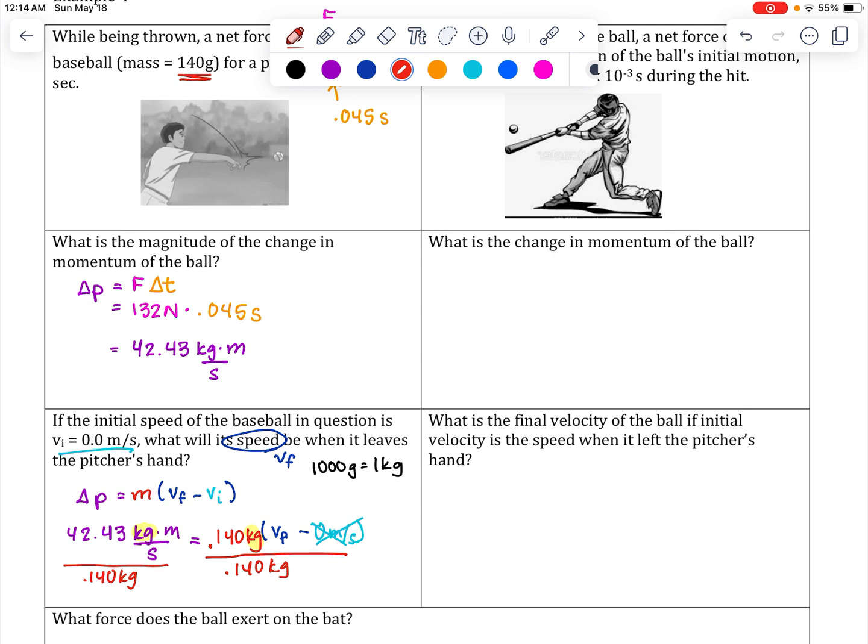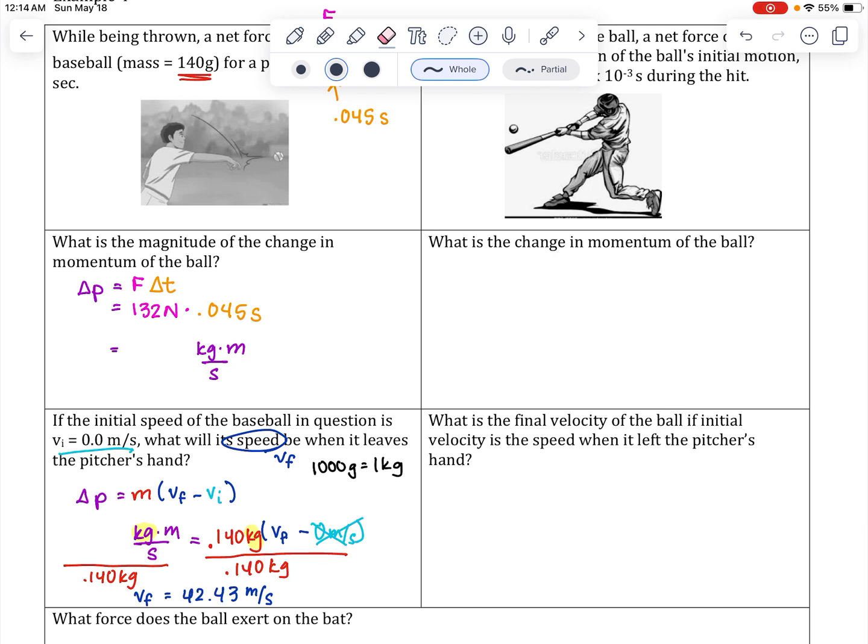You guys, I think I might have just done this wrong. Hold on, let me check my paperwork here. Oh, I sure did. Never trust me. My VF is equal to 42.43 meters per second. Boy, I messed this up pretty good. That guy's not 42.